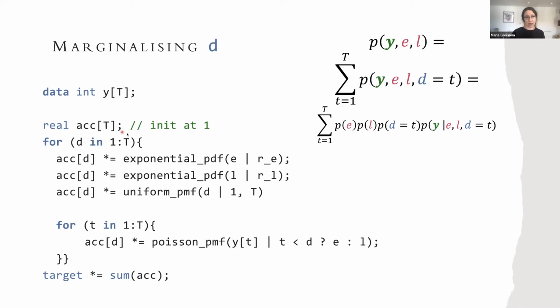But the idea is, for each D, we calculate the log joint, or the joint in this example, and then we sum over all of the different cases that they could have been. And that's it. Now this is the kind of program that could be written in SlicStan or Stan, and we are almost done.